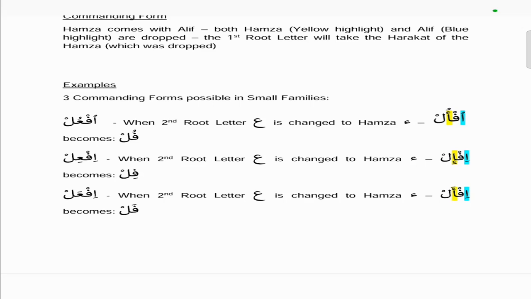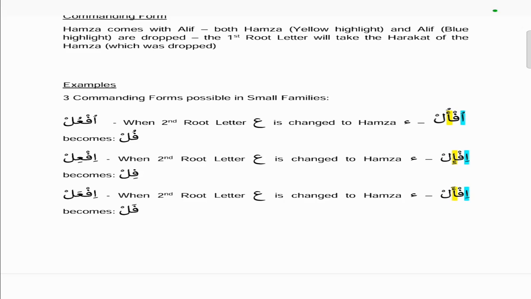And then whatever harakat is on the hamza that is dropped, the yellow highlighted, is transferred to the first root letter, the fa, so it becomes ful. Then the commanding form becomes ful. So uf'ul becomes ful. And then the second command is if'il.